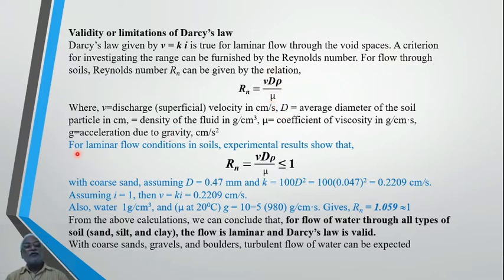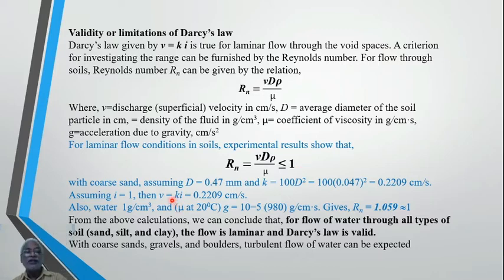For laminar flow conditions in soil, experimental results show that Rn is less than or equal to 1. So in soils, the value of Rn comes out to be less than or equal to 1.